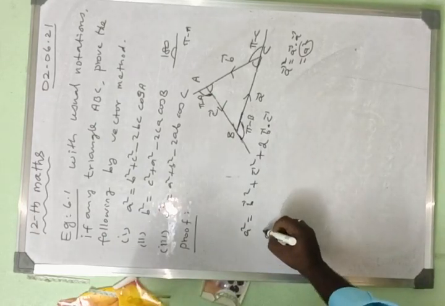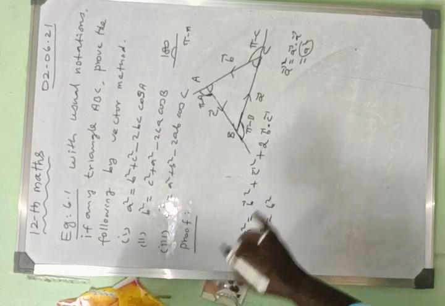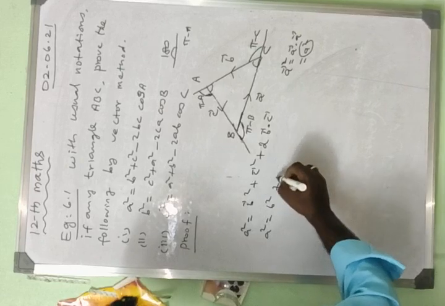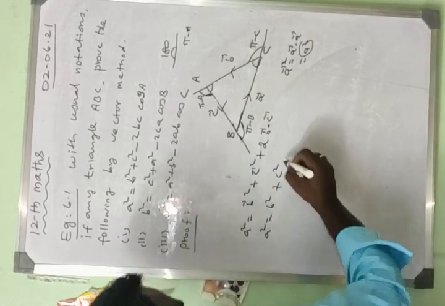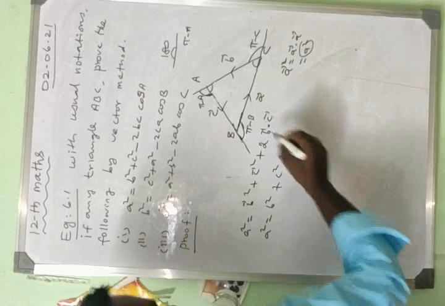So the next, vector A square is equal to vector B square, we put B square like this, plus C square also we put C square, right? Next plus 2 into, what is the definition of vector B dot vector C?